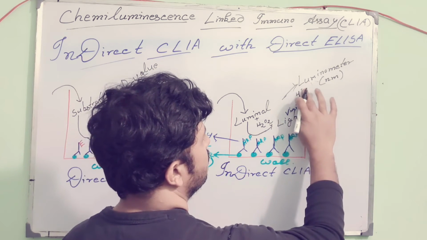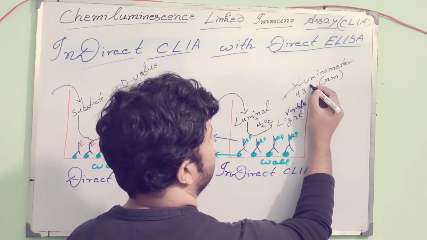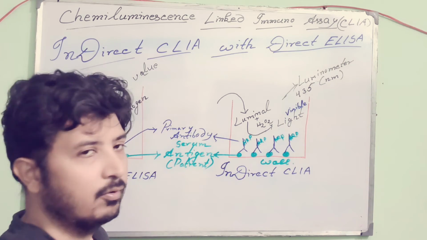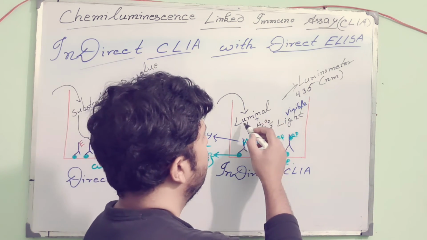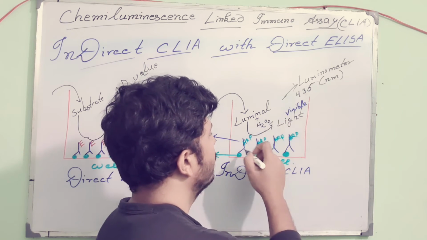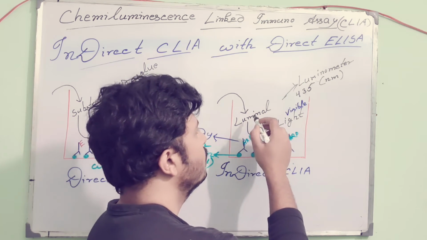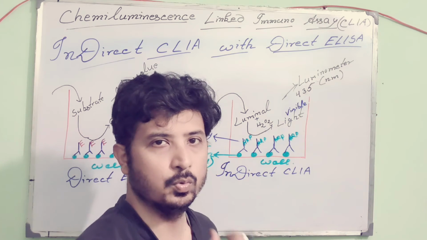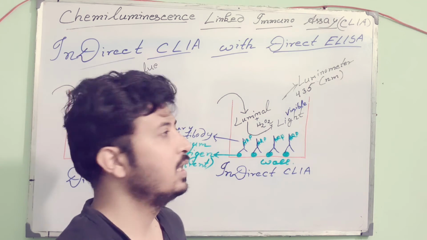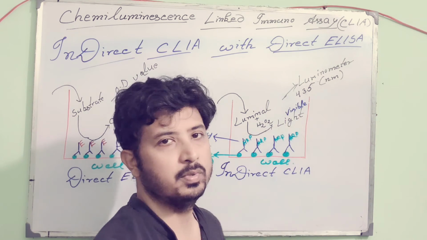Around 435 nm wavelength of light will be produced by luminol activity, when HRP acts upon luminol in the presence of H2O2. This light will be detected by the luminometer.